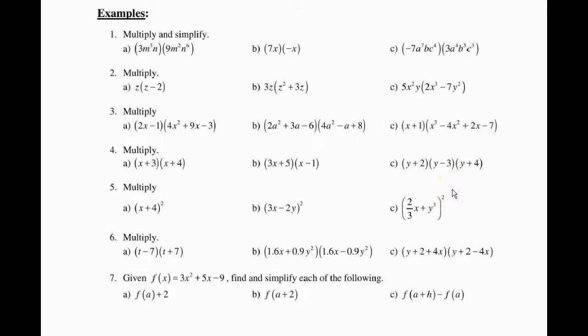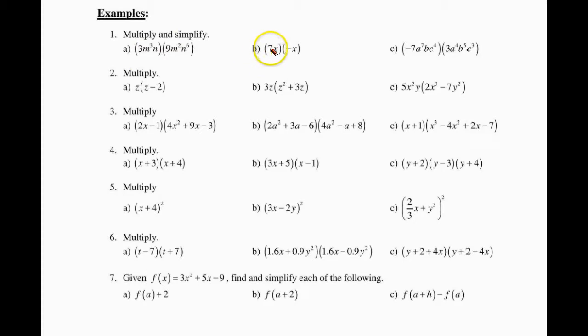So a little review of multiplying monomials. Well, one of the first things you should do is determine what the sign of your answer, the product, will be. If it's two positives that you're multiplying, it's going to be positive.